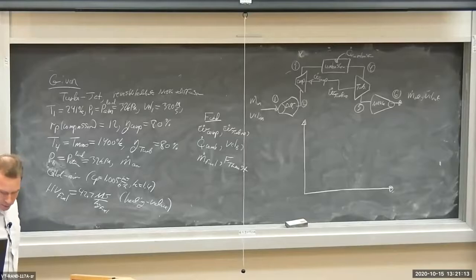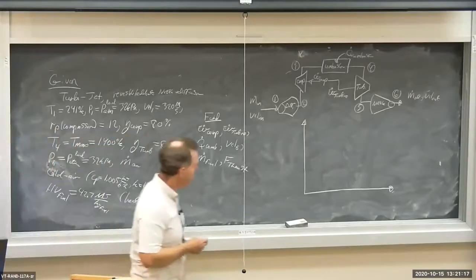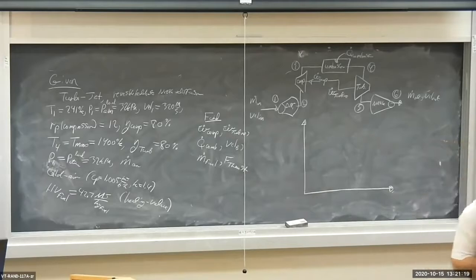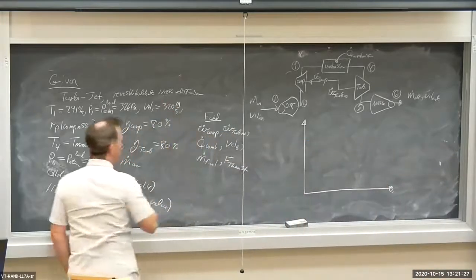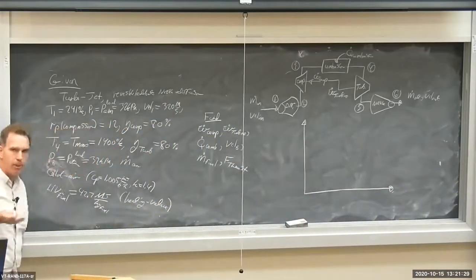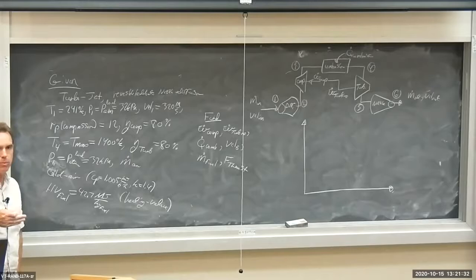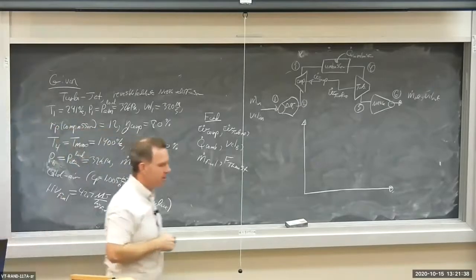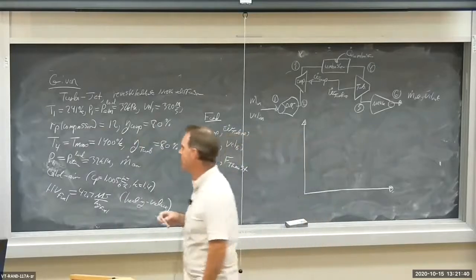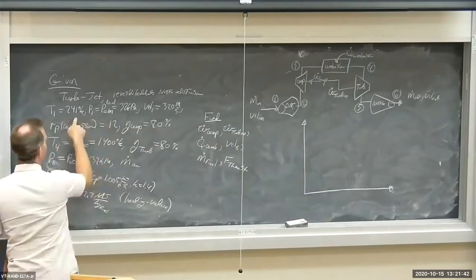Okay, let's do a problem here. We have a jet engine. So this is a turbojet with reversible adiabatic nozzle and diffuser. So if we apply the entropy balance to the nozzle and diffuser, it means isentropic. The inlet temperature at the inlet of the engine is 241 Kelvin.